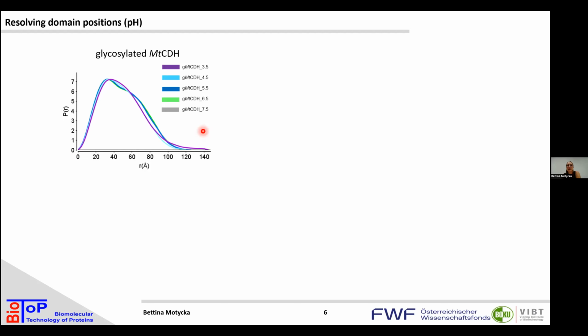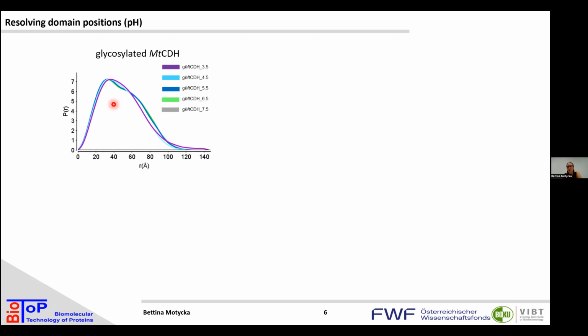And here you can see nicely that at the lower pH, so 3.5 and 4.5, I have more of this Gaussian distribution, and above that, from 5.5 onwards, you see that a shoulder kind of appears, indicating that at higher pHs it seems that an opening or a movement of the cytochrome domain happens.